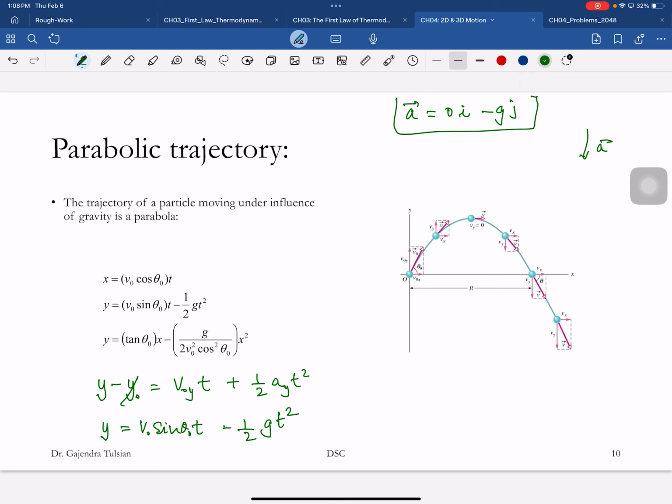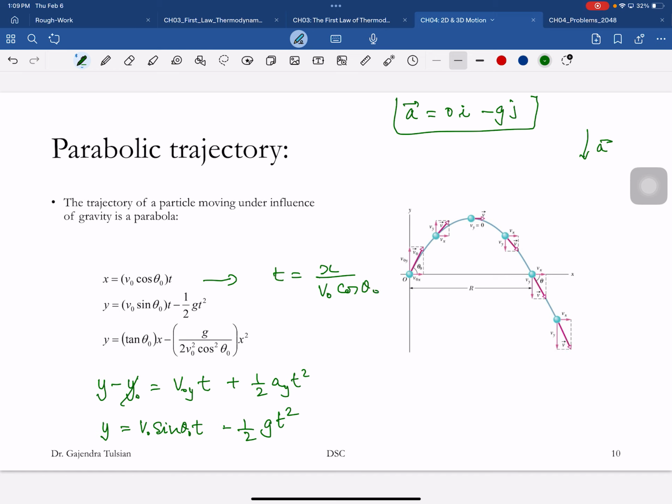What is it that you're trying to do? You're trying to prove that this is a parabola. You're saying that the y coordinate of this trajectory is a quadratic function of the x coordinate. From this equation, you have t equal to x over v naught cosine theta naught.